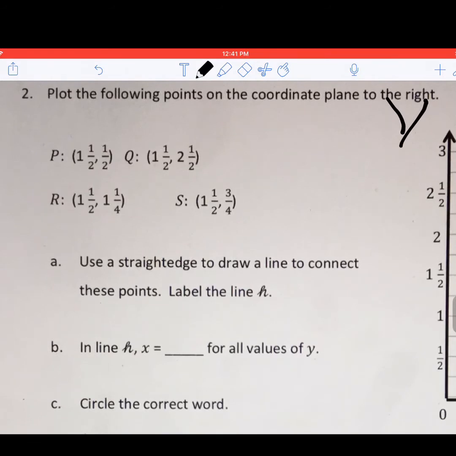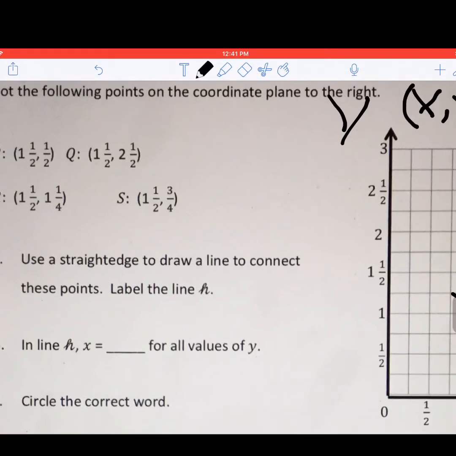Next is R with 1 1/2 and 1 1/4. I want you to use your fraction knowledge and your number line knowledge to figure out where that 1 1/4 goes.